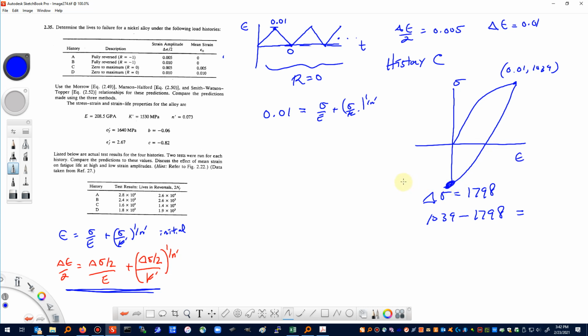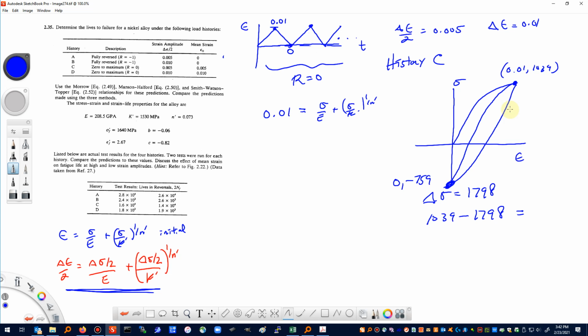So here at 0 strain, I'm at minus 759. Now on the way up, I'm at 0, I go to 0.01. That's a strain change of 0.01 again. Well, what that's going to do is I'm going to get back up to here.